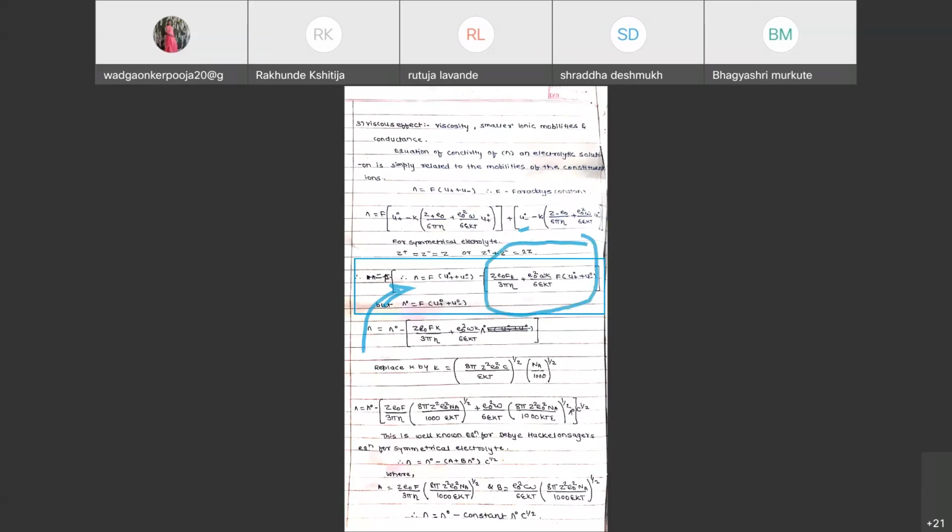What are those terms? Z, and here we are not writing plus and minus.